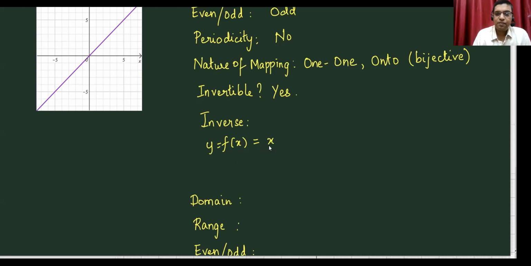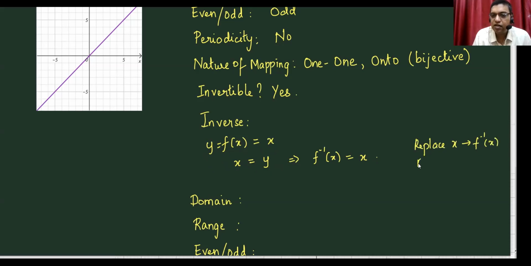Now you write x in terms of y, so x is y, and then replace x by f inverse of x and y by x.